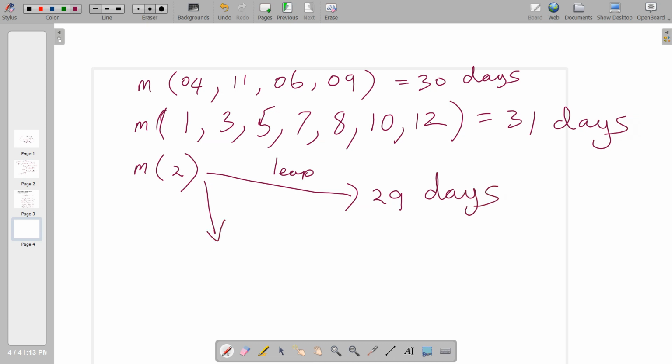We have non-leap year 28 days. So that should lead our logic into thinking about, well, when is a leap year and when is not a leap year? What makes a leap year and what is not a leap year?